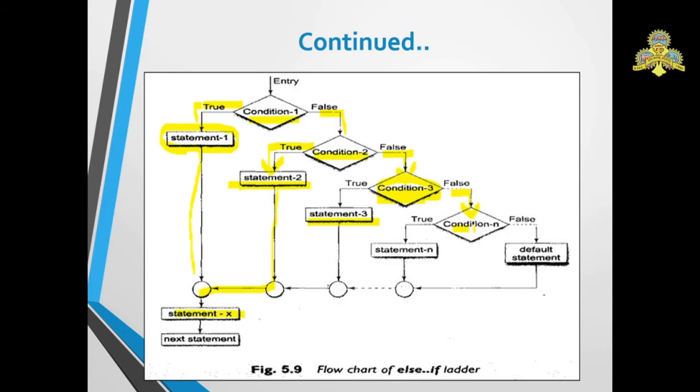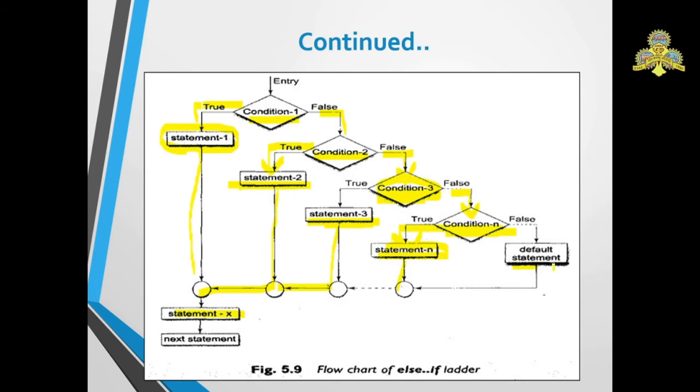If condition n becomes true, then its associated true part will be executed. That is, statement n is executed and the control is transferred to statement X. In every if statement, after executing its statement, the control is transferred to statement X. If condition n becomes false, then the default statement is executed.